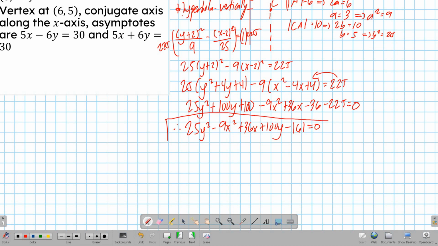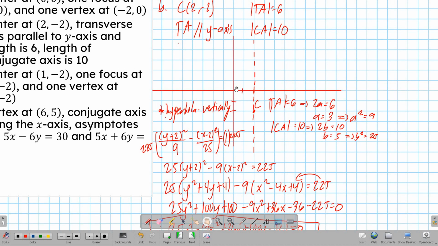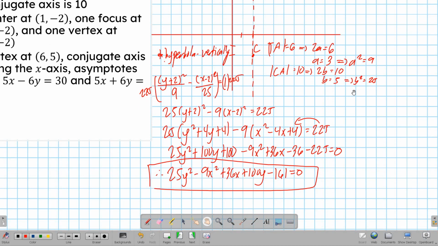Therefore, the equation of the hyperbola whose center is at 2, negative 2, with transverse axis parallel to the y-axis, transverse axis length of 6 and conjugate axis length of 10 is 25y squared minus 9x squared plus 36x plus 100y minus 161 equals 0.